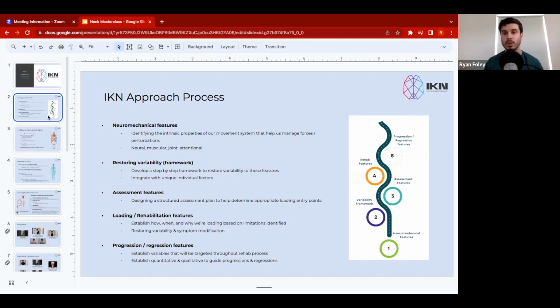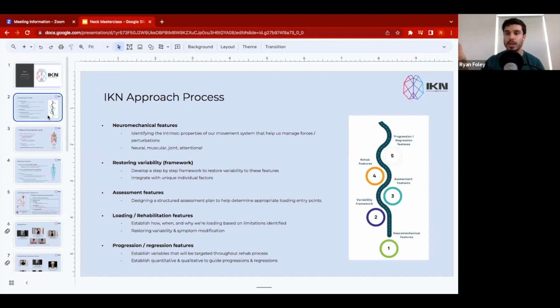A client that comes to see you with right-sided neck pain, for example, may have unique past injuries that contribute to their pain experience or their sensitivity. They may have unique day-to-day movement habits. They may have unique symptom behavior, unique easing factors and aggravating factors. They may have unique beliefs about their pain.